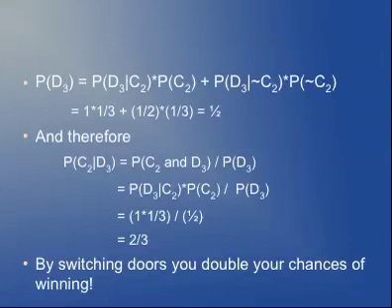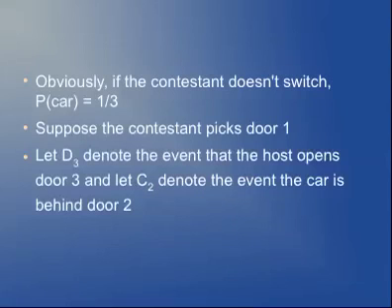And if your head exploded with all that conditional probability, a simpler way to look at it is to go back to the earlier premise: on your first guess, the probability that you're right is 1 out of 3. Now, if you're right the first time, then the host will randomly pick one of the other doors. It doesn't matter.